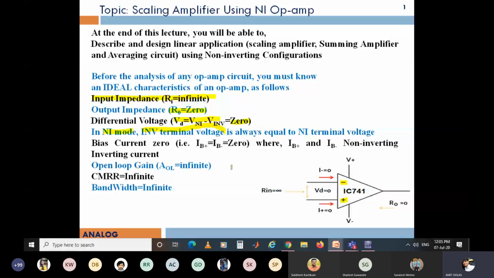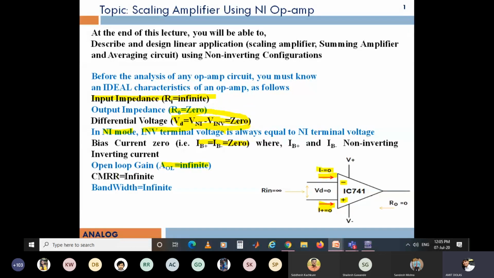Accordingly, the differential voltage becomes 0 because the similar voltages get subtracted from each other and the result becomes 0. Again, the bias current, which is the input current passing into the terminal, IB minus and IB plus, is equal to 0. This is also an ideal characteristic. Open loop gain, called AOL, is infinite.